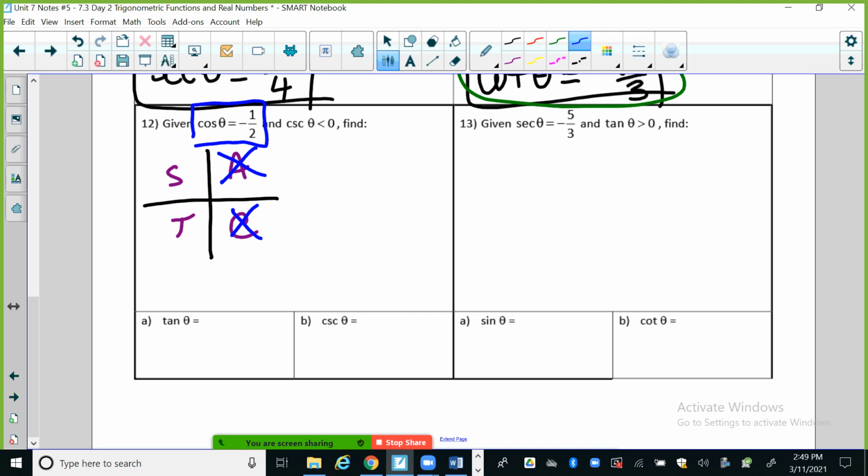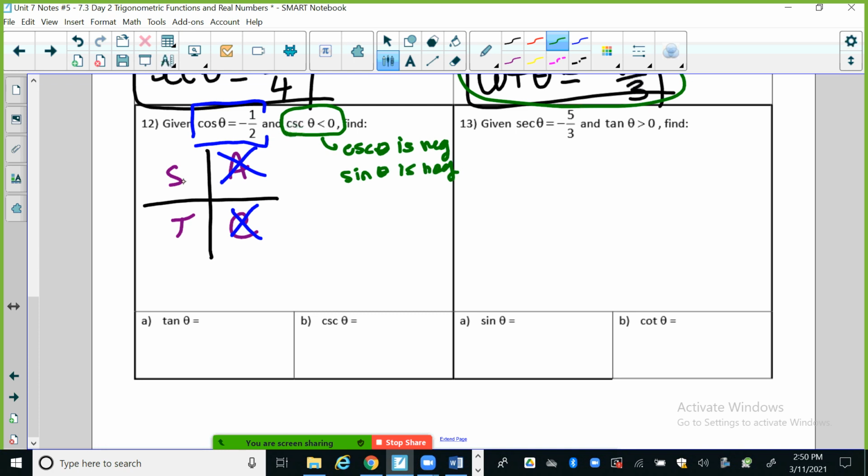But now the question becomes, how do I know if my terminal side of my angle is in quadrant 2 or quadrant 3? In the last examples, it just told us, so we didn't have to think about it. But in this example here, it does not tell us. We have to use the other piece of information. Cosecant of theta is less than 0, meaning cosecant of theta is negative, meaning sine of theta is negative.